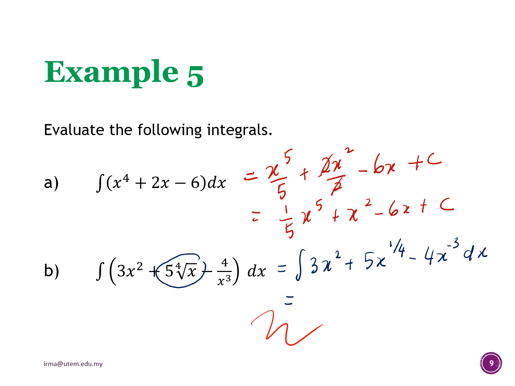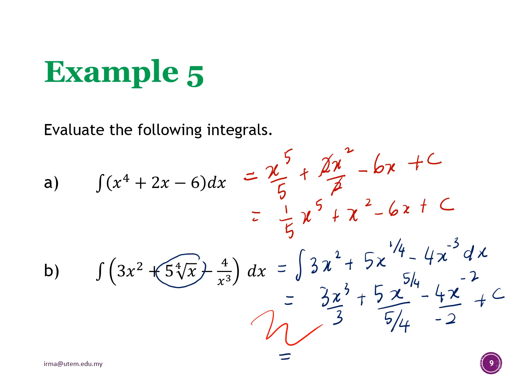So 3x squared, integrate, you'll get 3x cubed over 3, plus 5x to the power of 1 over 4 plus 1, so you get 5 over 5 over 4, minus 4x to the power of negative 3, integrate, you get negative 3 plus 1, so you get negative 2. So this one will be negative 2, plus c.